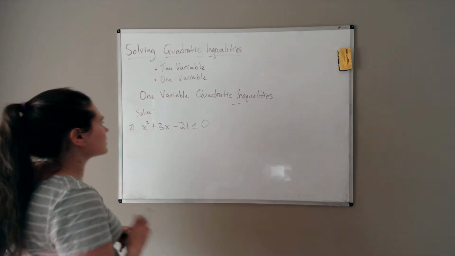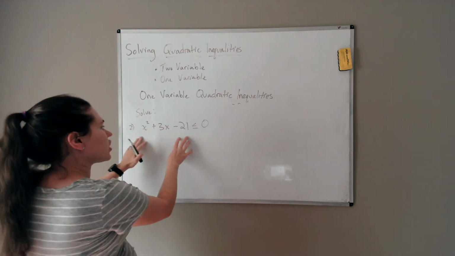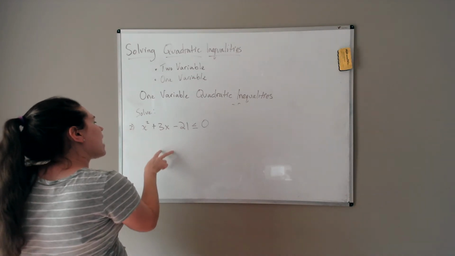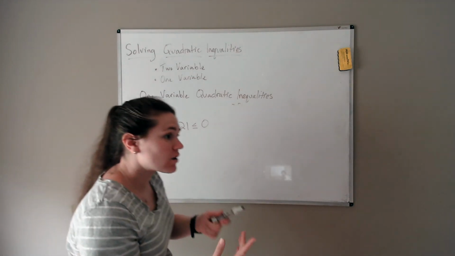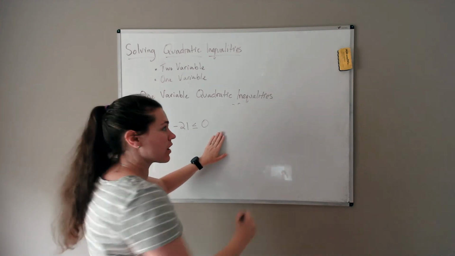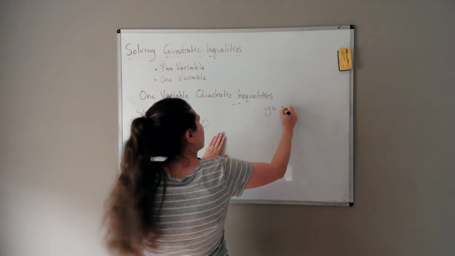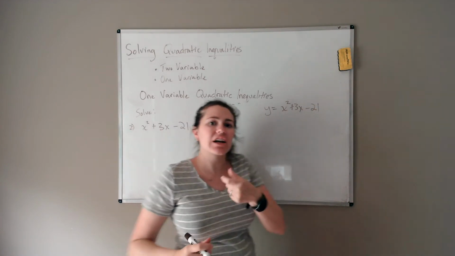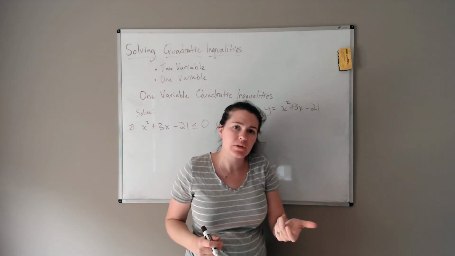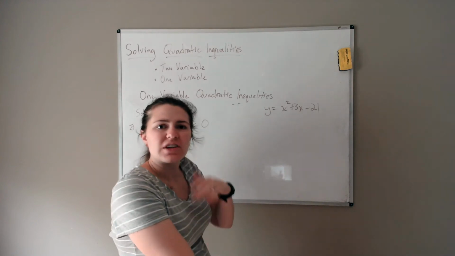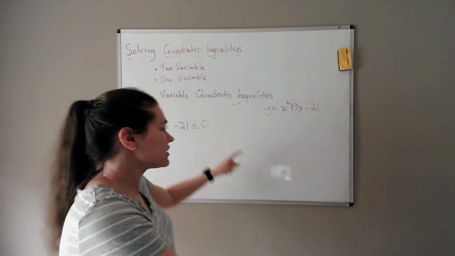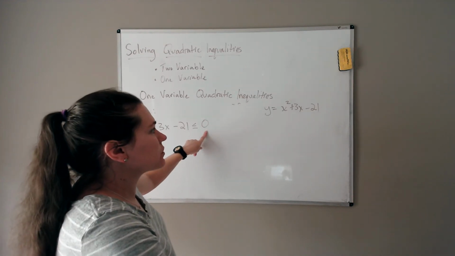What this is saying is name all of the x's which, when you input them, give you an output, or y coordinate, that is less than or equal to 0. If we look at the graph of x squared plus 3x minus 21, we get a visualization of all of the inputs and their corresponding outputs. And we need to find all of the x's when the outputs are less than or equal to 0.